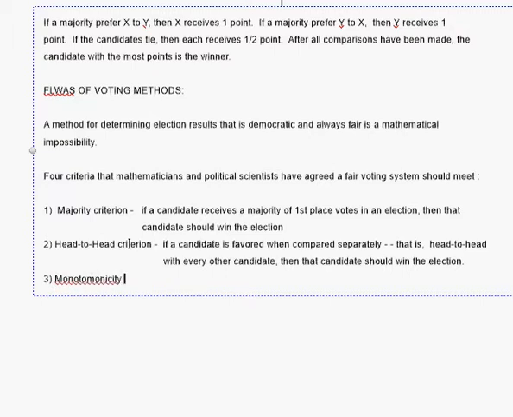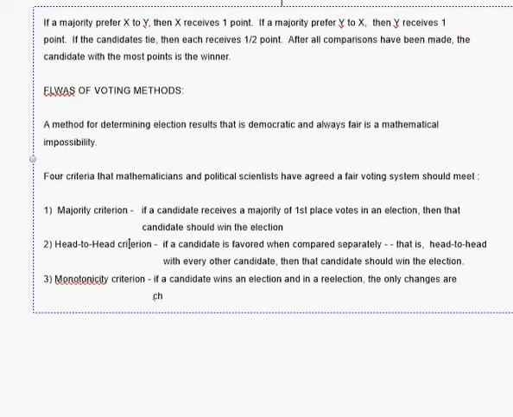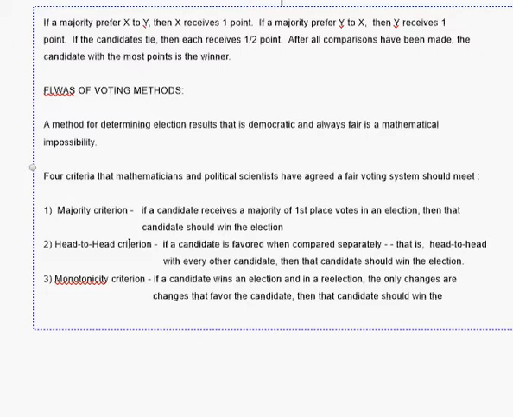3. Monotonicity criterion. If a candidate wins an election and in a re-election, the only changes are changes that favor the candidate, then that candidate should win the re-election.